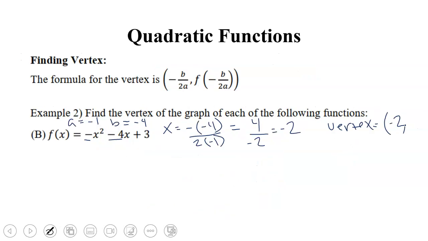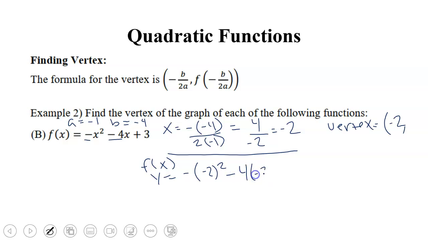And then for my second, I start all over. So I'm going to use the equation, and I'm going to plug in negative 2 for x. So I have f of x, which is really just y. So it's really y equals negative 2 squared minus 4 times negative 2 plus 3.